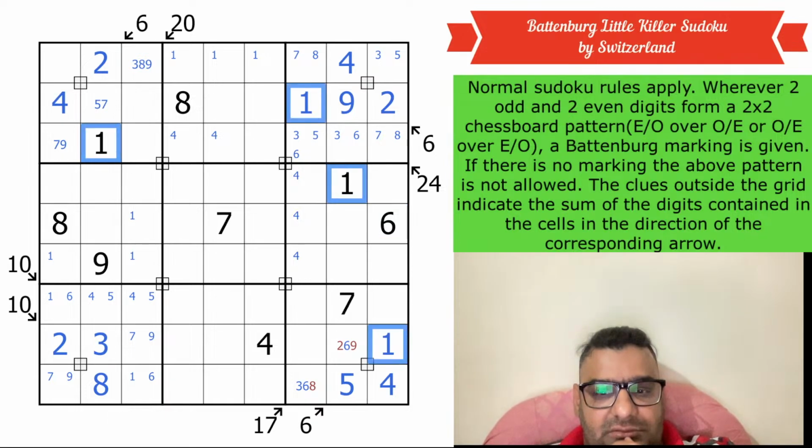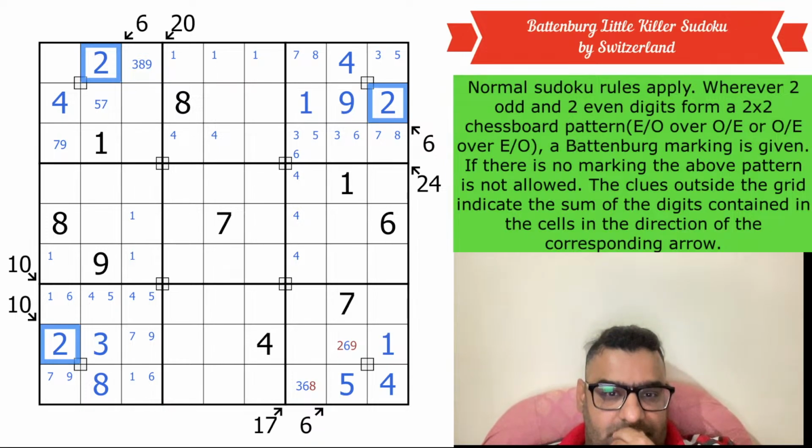If I go to 1, not helping. If I go to 2, okay, this cannot have a 2. 2 can be in any of these.